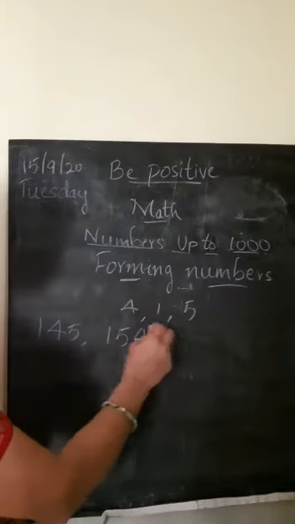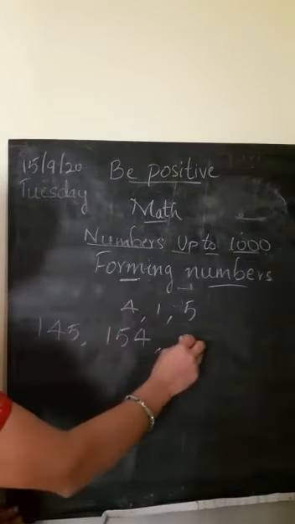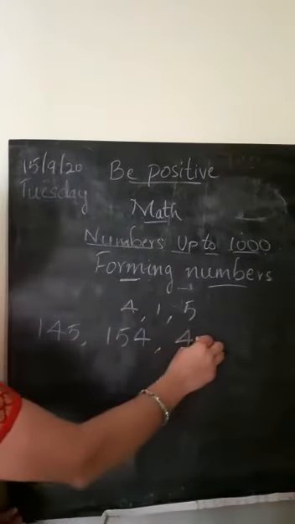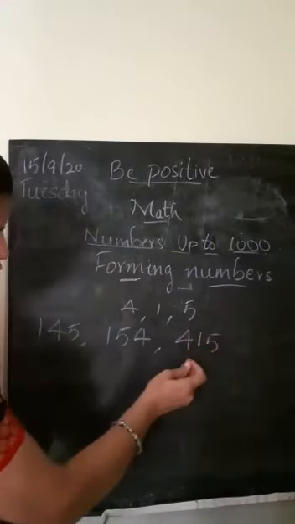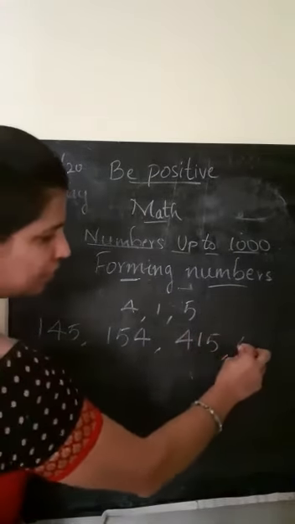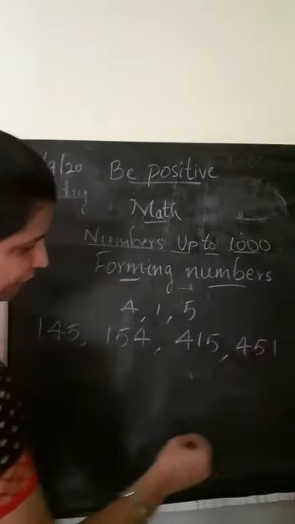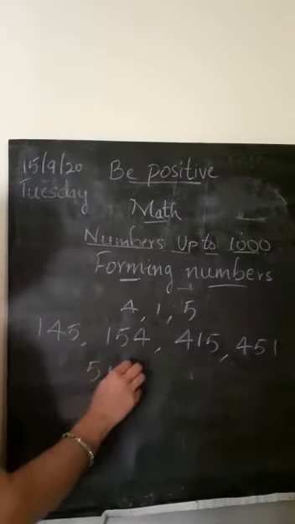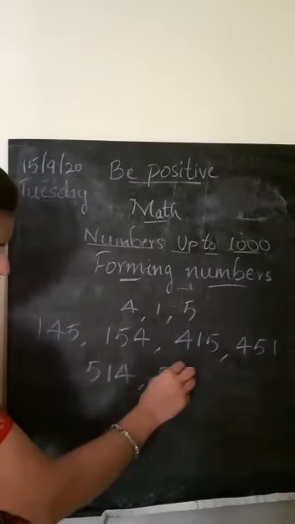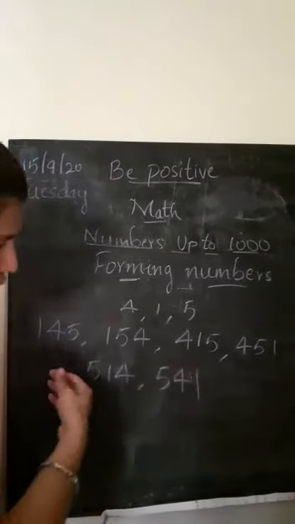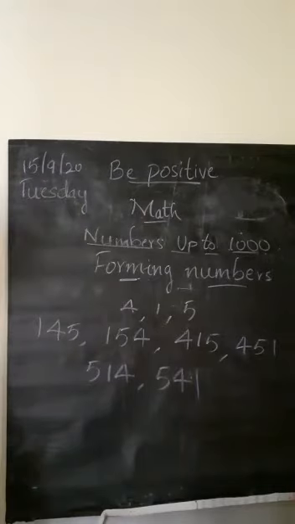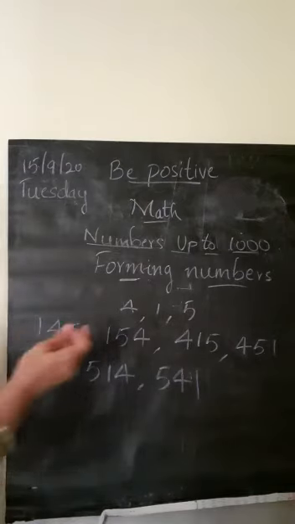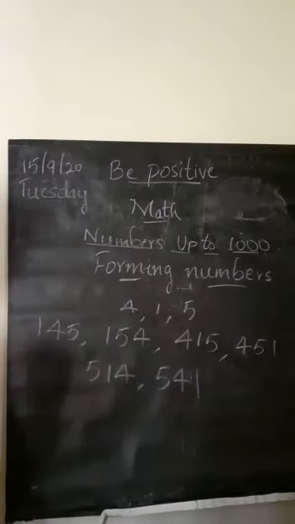Next number is 4. So 4, 1, 5, 415. 451. Next 5, 1, 4. 5, 4, 1. So these are the possible numbers. We got the numbers using these three digits.